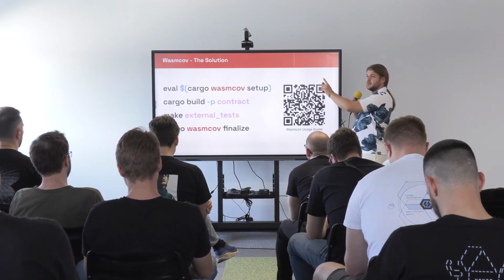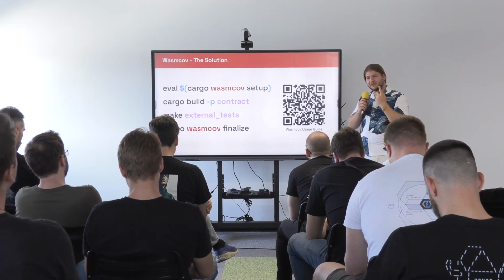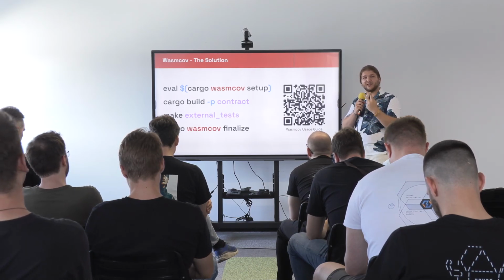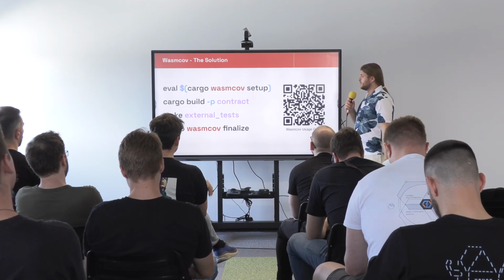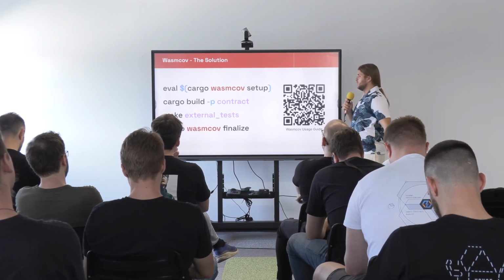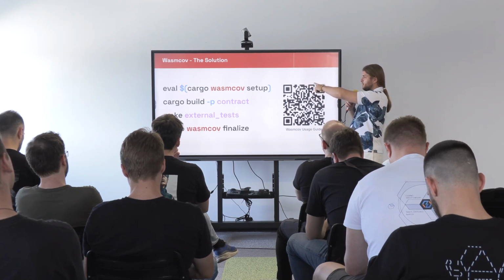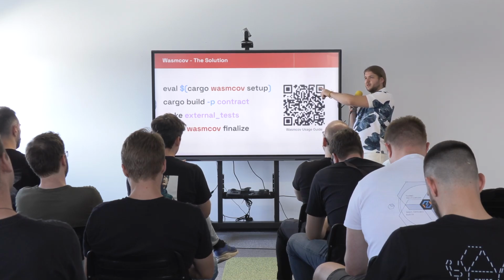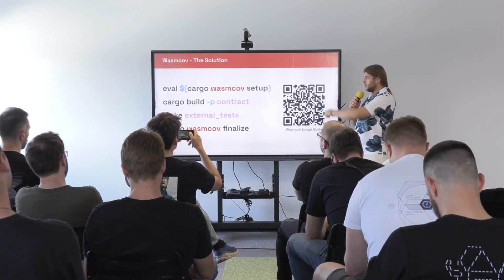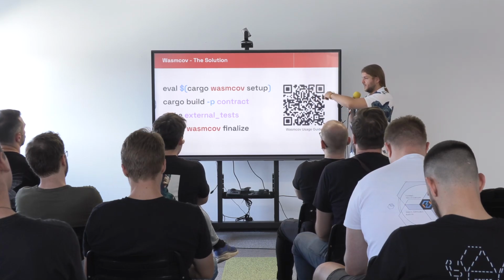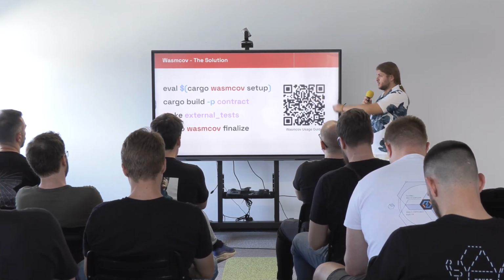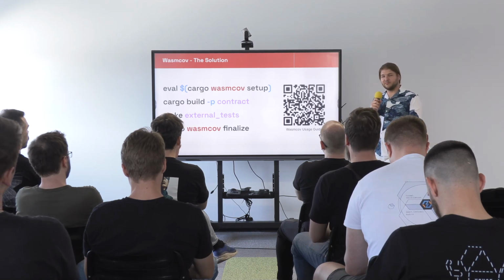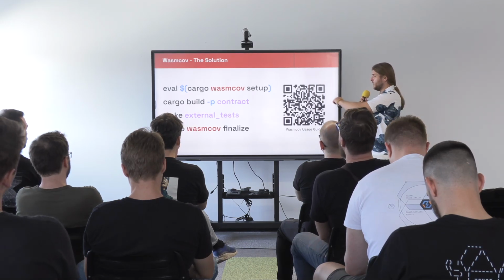This is published as a Rust library and as a command line tool that you can use. You pretty much run cargo wasmcov setup, or you run wasmcov setup from the library. You build your contracts, you run your external tests, however you want, that are using the built WASM binaries, and then you just run finalize.